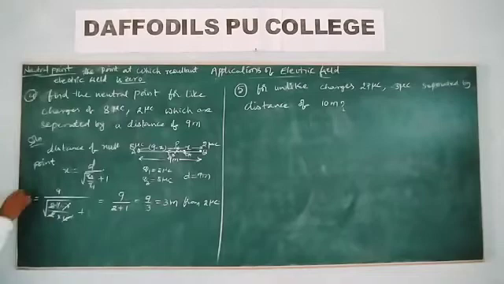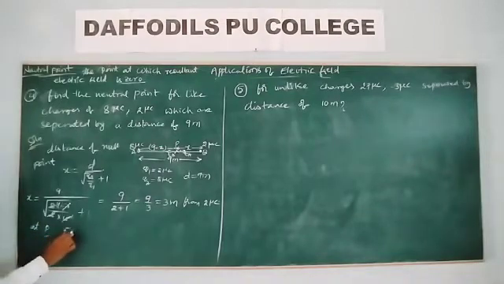One more method, just to use the formula. At P, EA is equal to EB.